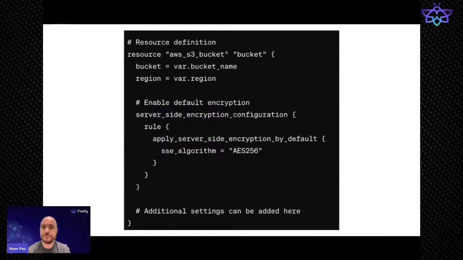In this example, the S3 server-side encryption is enabled by default, ensuring compliance with security best practices right out of the box. However, while default encryption enhances security, it may not always suit every use case. For greater flexibility, we've designed a module to allow toggling encryption on or off.